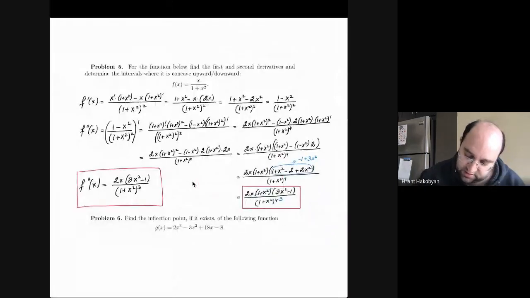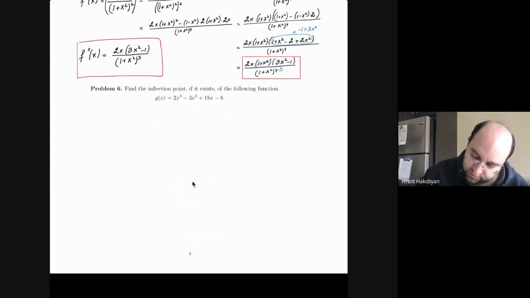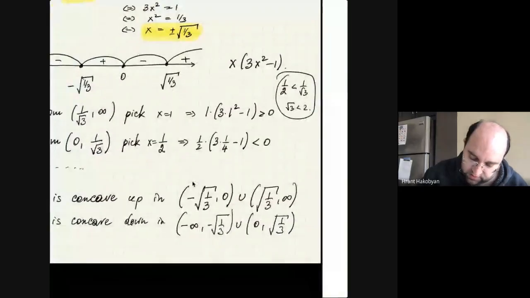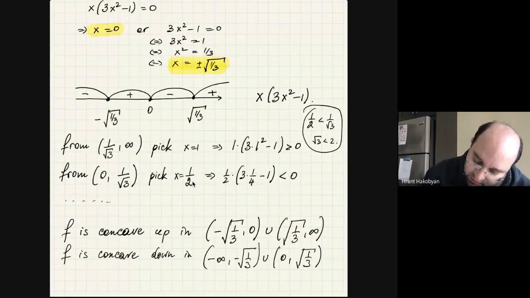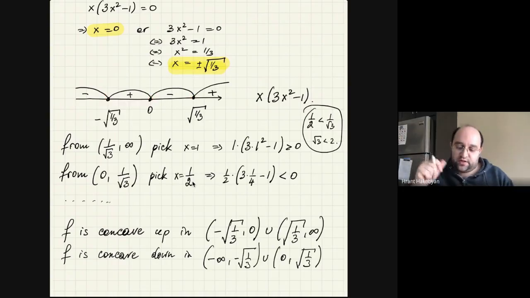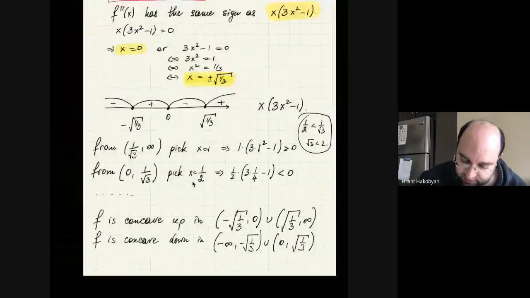Similarly, in this other example, this was the second derivative, so it went from concave down to concave up. Here is concave down, concave up. So that's an inflection point, that's an inflection point, and that's an inflection point. There are 3 inflection points on the graph of that function.